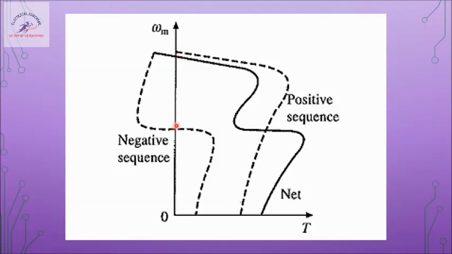And for slip greater than 0.5, we see that both negative sequence and positive sequence torques are positive and the torques add up. The dark line shown here is the net torque created because of rotor imbalance.